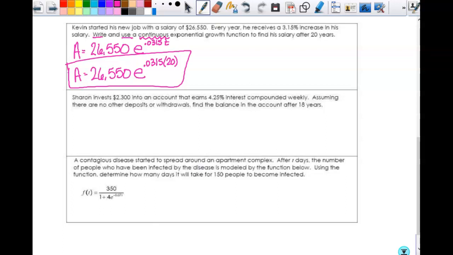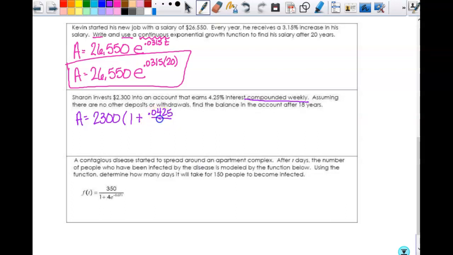All right, so then Sharon invests $2,300 in an account that earns 4.25% interest compounded weekly. Assuming that no other deposits or withdrawals are made, find the balance in the account after 18 years. So A is equal to 2,300 times 1 plus the rate, which is 0.0425, divided by the n, the number of times it's compounded.